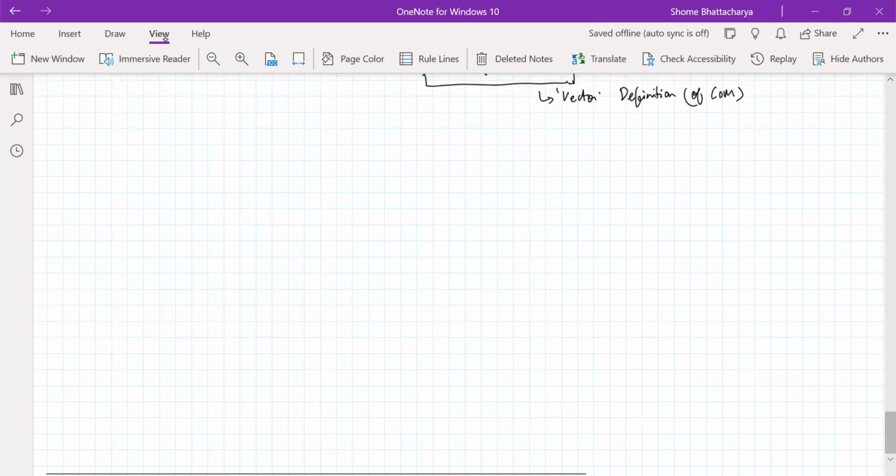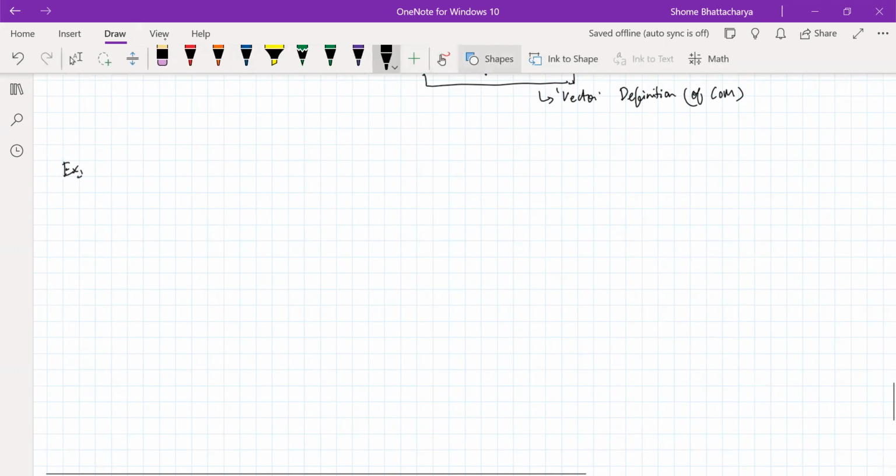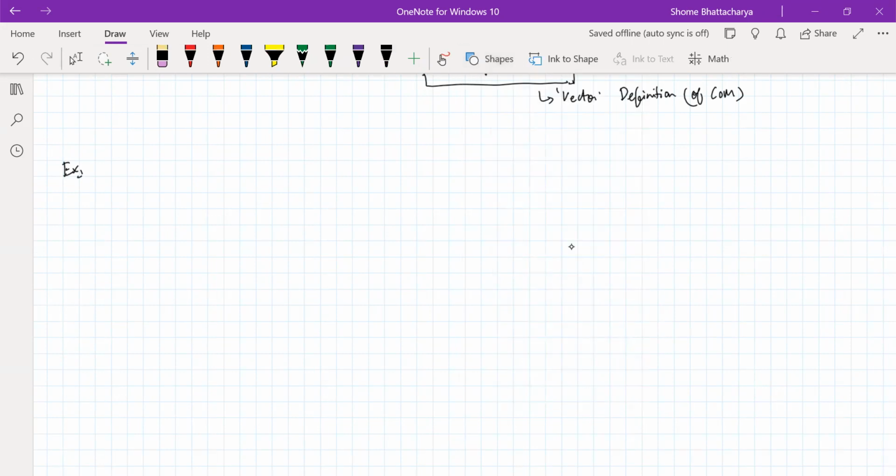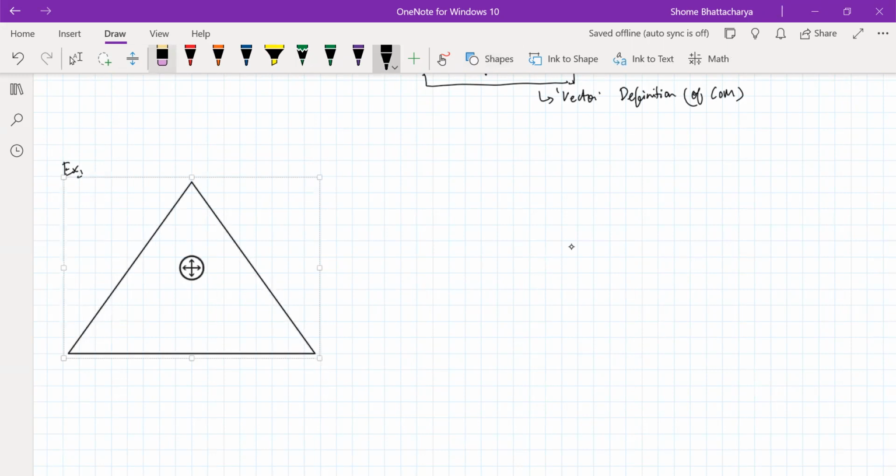So, a very simple question next. We will look at a system consisting of three particles located at the corners of an equilateral triangle, but we won't take the masses to be the same. We'll take the masses to be different.